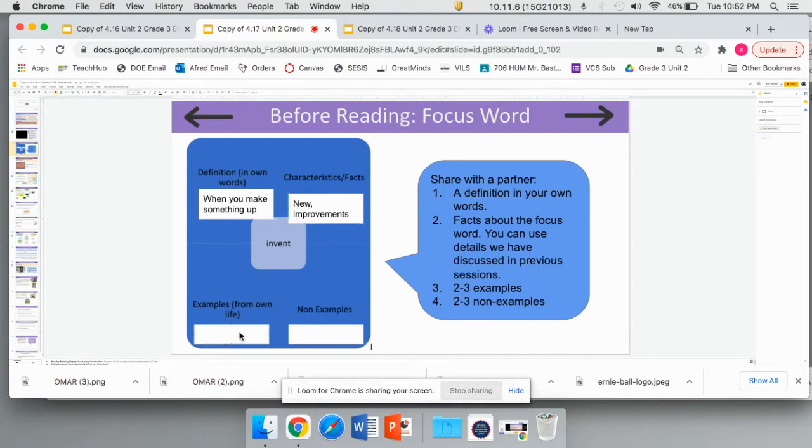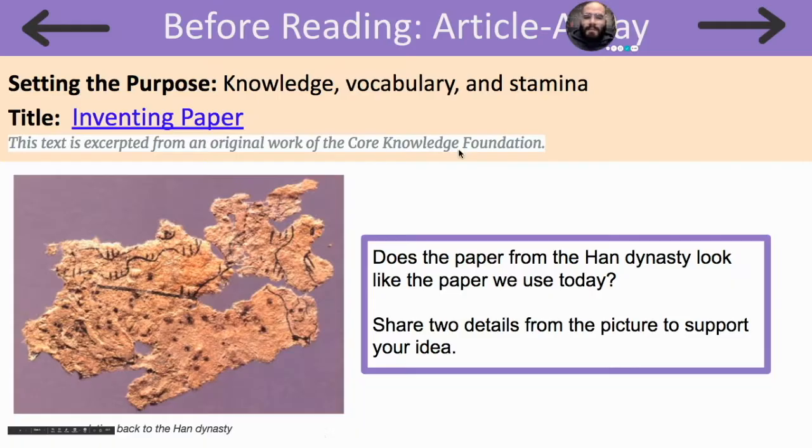Some examples of inventions, well, we've talked about the telephone, and today we're going to talk about paper, but we could also write the computer, and many other things. Some non-examples, some things that are non-inventions, well, I would say people are not inventions and animals are not inventions. But almost anything else we have around us, or a lot of different things that we have around us, are inventions.